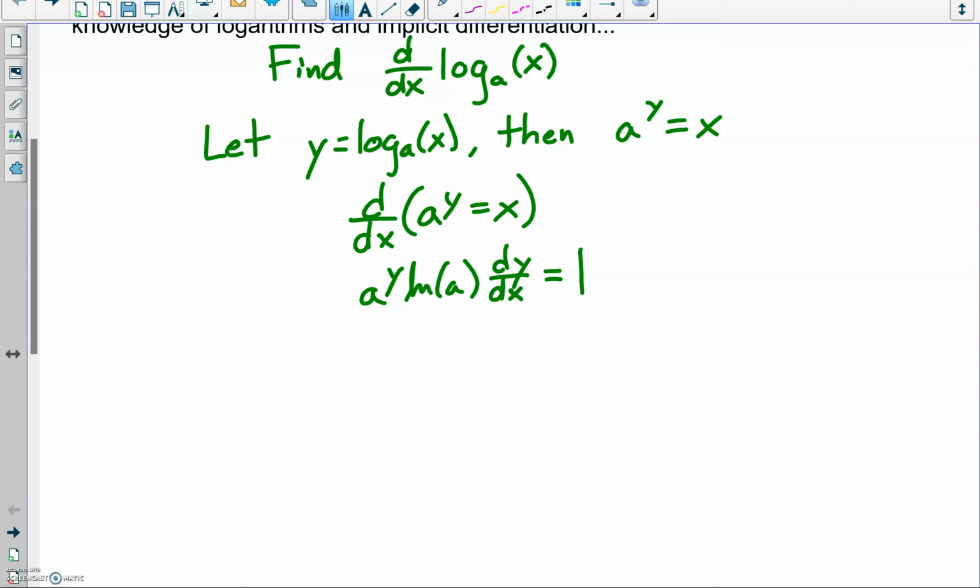So now I can solve for dy dx by dividing both sides by that a to the y, natural log of a, and I get this 1 over a to the y, natural log of a.